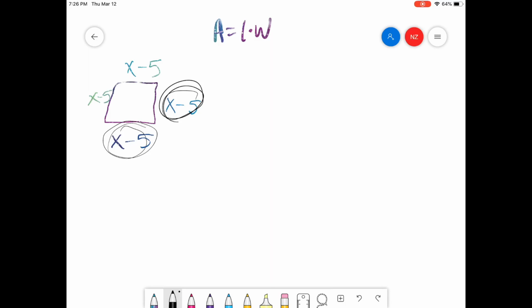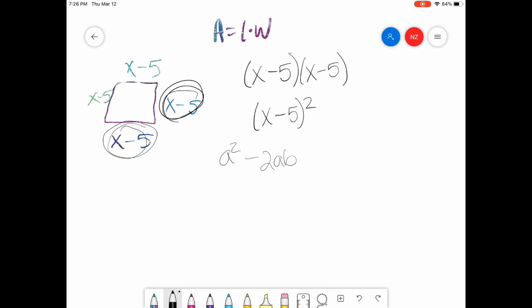When I multiply them, I have my x minus 5 times x minus 5. If you notice, I have the same thing written twice. So I know that this is my special products rule that has to do with perfect square trinomials when there's a minus sign in between. If you remember the rule, this will be whatever a squared is, minus 2ab, plus whatever b squared is.